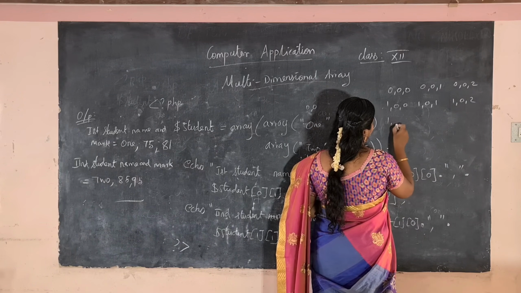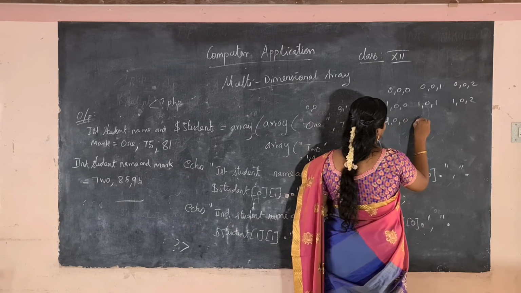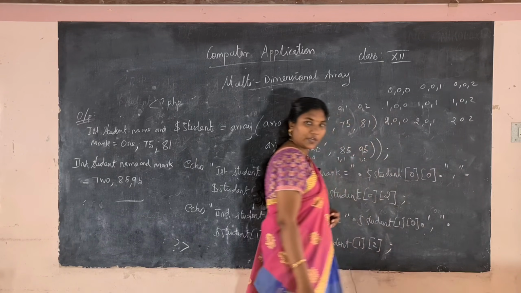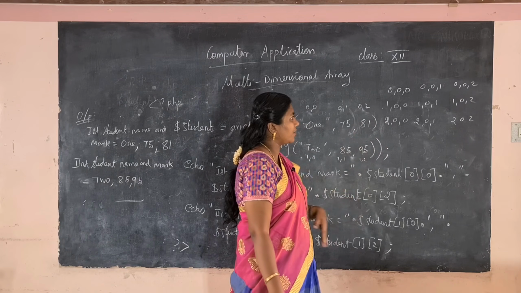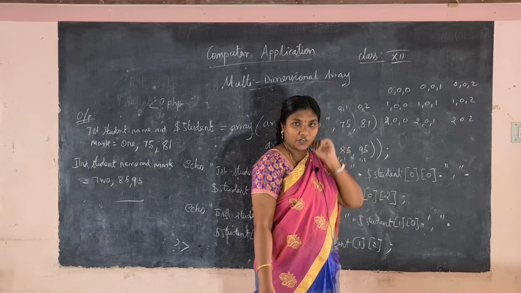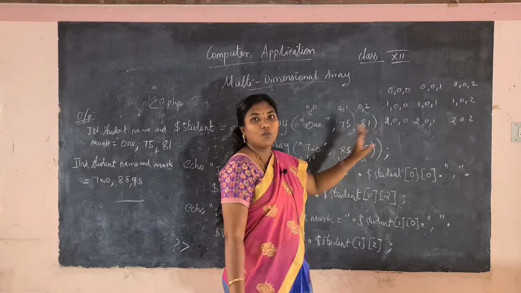So for the next one we will be having the same thing, 2 comma 0 comma 0, 2 comma 0 comma 1, 2 0 2, like this. Okay. So for a 3-dimensional array it will be going like this.